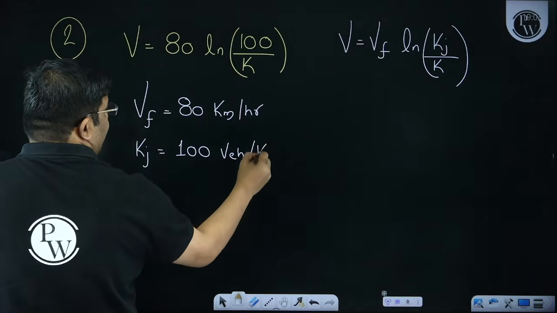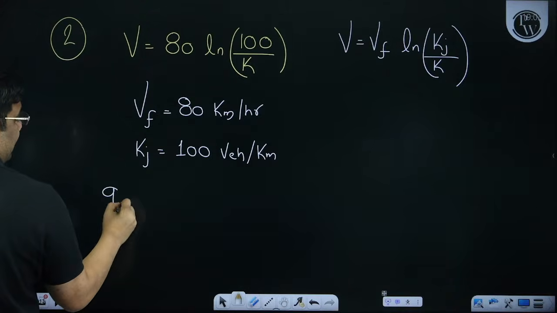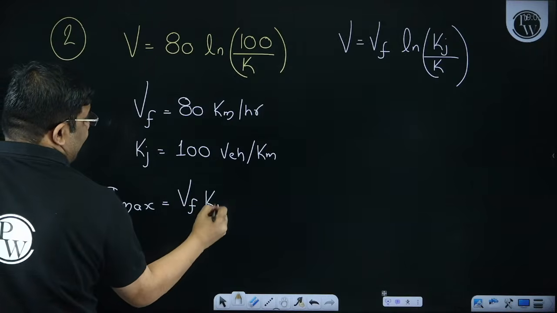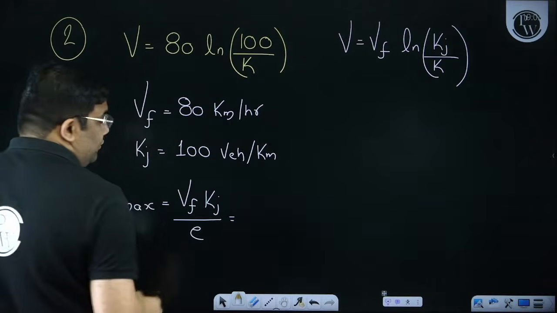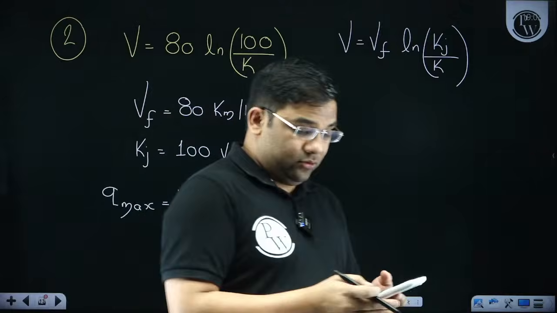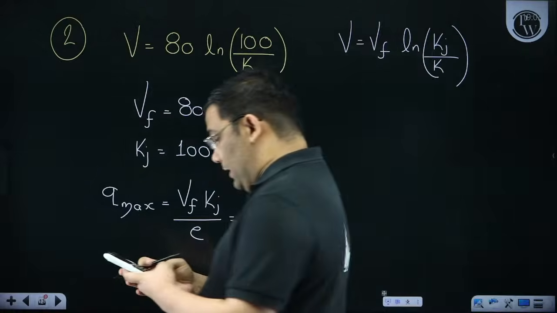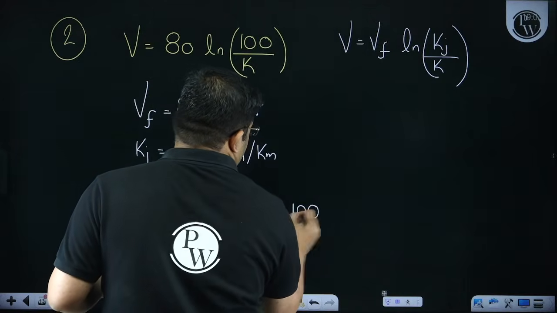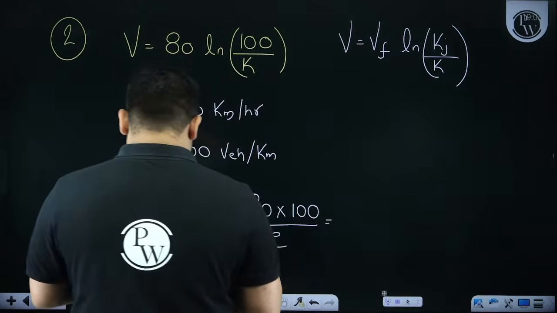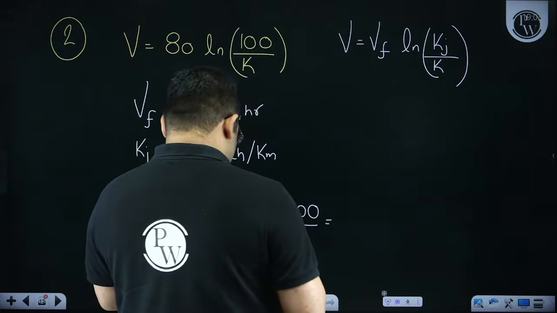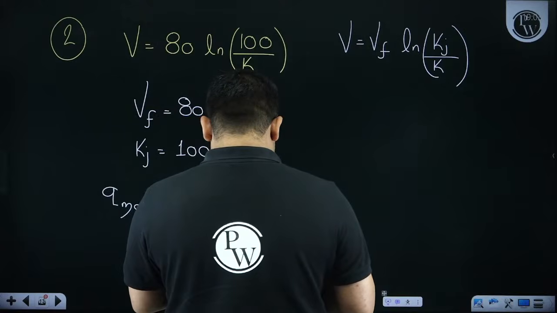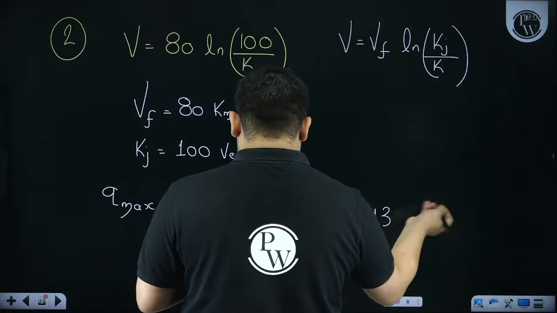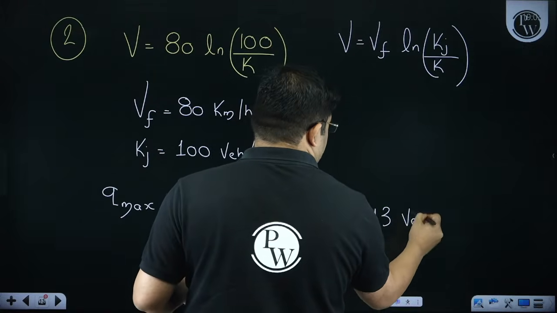Now to find the maximum flow in this Greenberg model, I will use Vf into Kj by e, not by 4. So this is 80 into 100 divided by e, that is 8000 divided by e. I am getting a value of 2943.03, approximately.